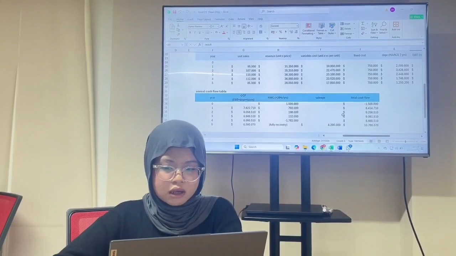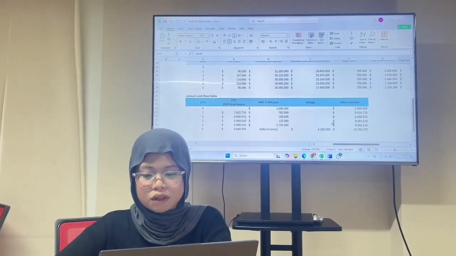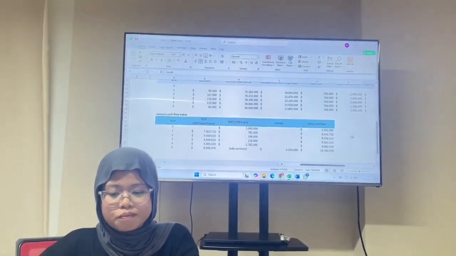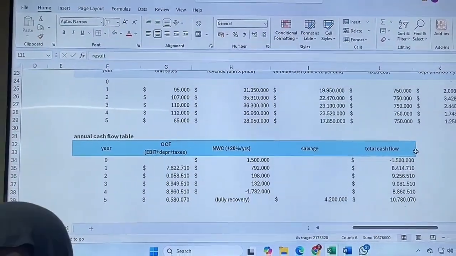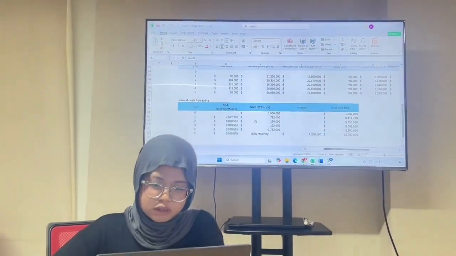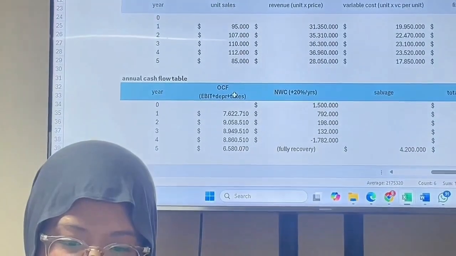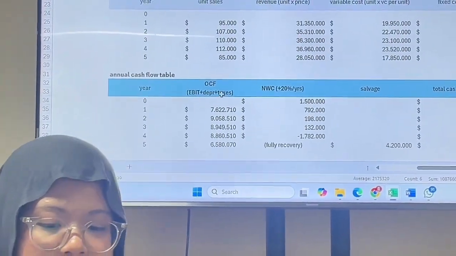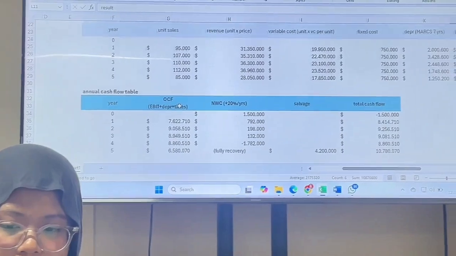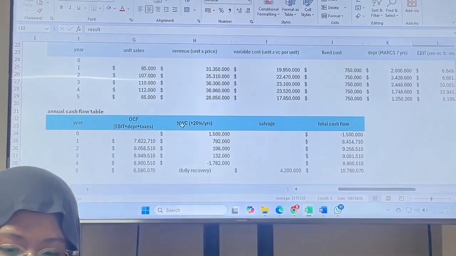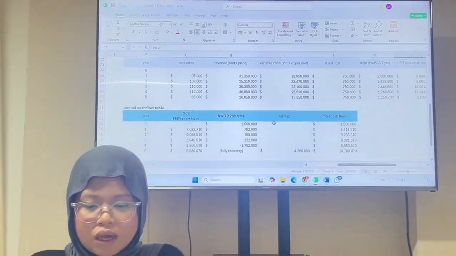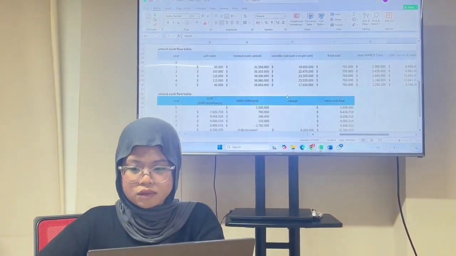Next, onto the annual cash flow table. Before calculating the total cash flow, we have to know the OCF, which is based on the EBIT, the depreciation, and also taxes, and also the NWC and the salvage.